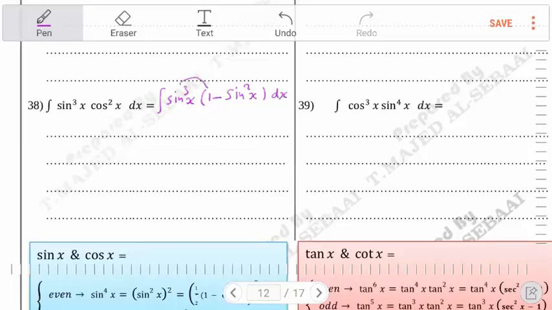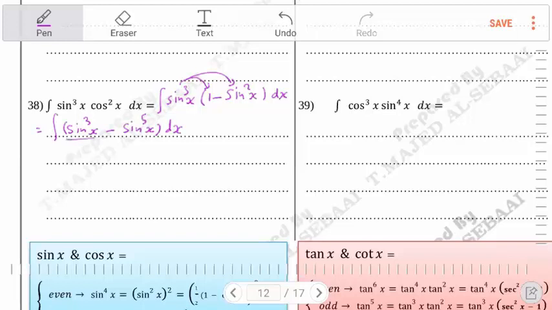Okay, now multiply. This will be sine to the power of 3x minus sine to the power of 5x dx.